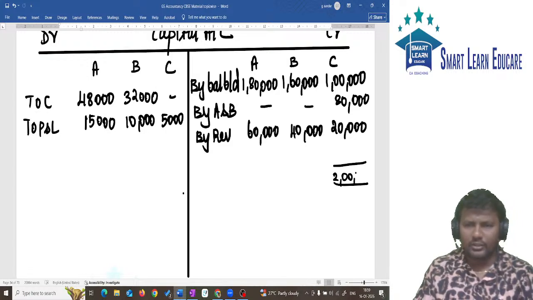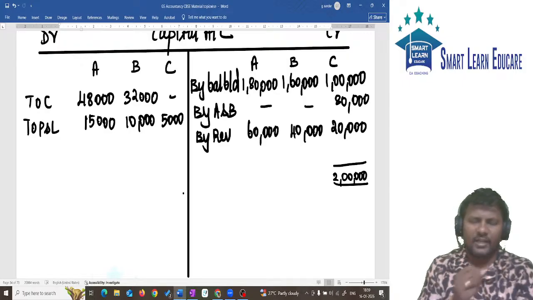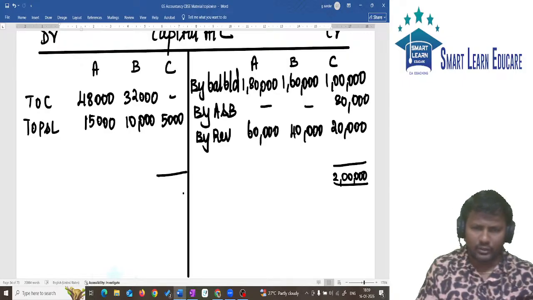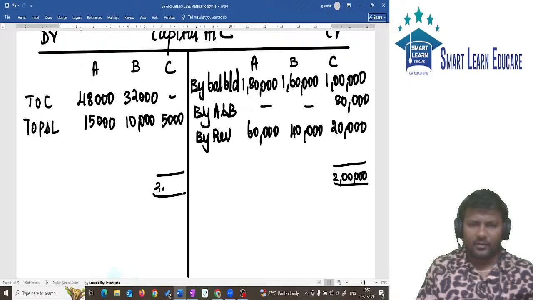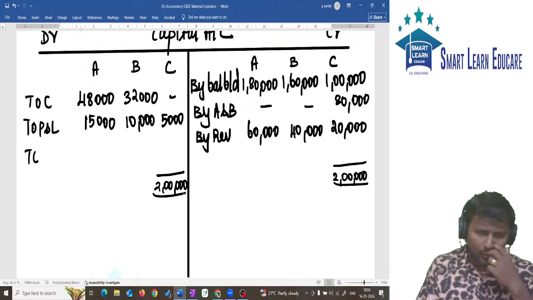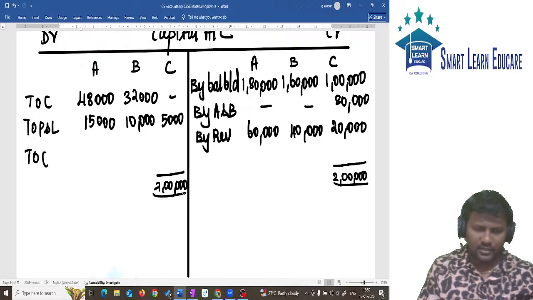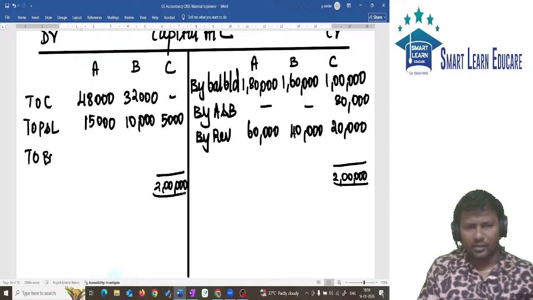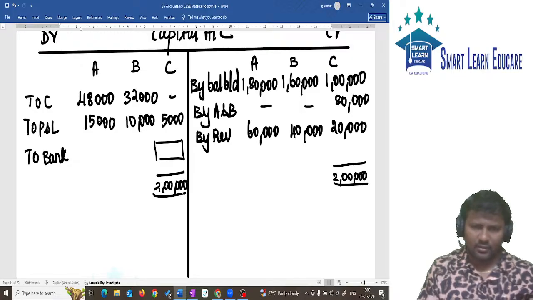Credit side total is 2 lakh. Minus 1 lakh 5,000, minus 5,000, will give you 1,95,000 cash. This is the amount to be paid. Balancing figure. This is the amount brought in by the other partners: 1,95,000.